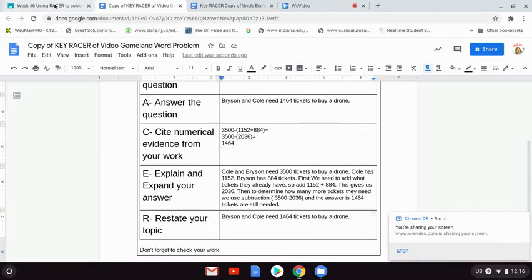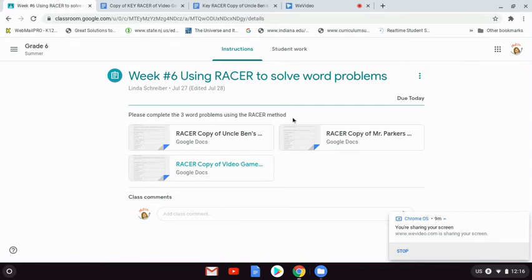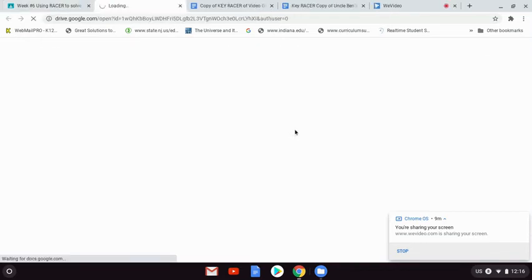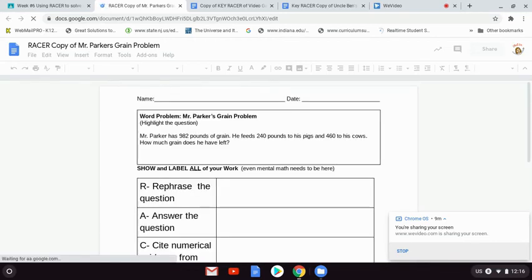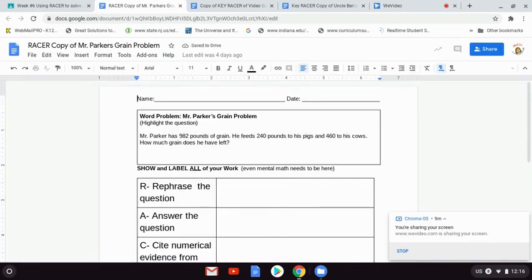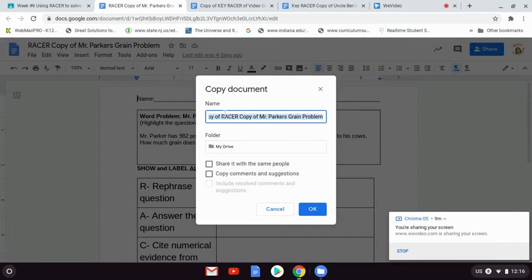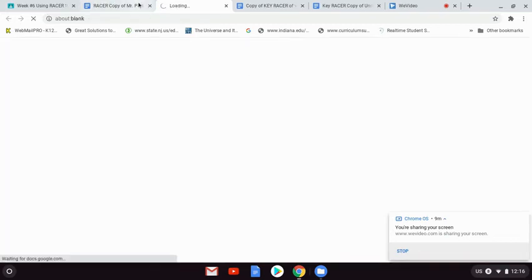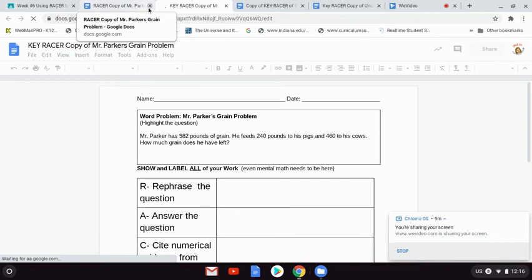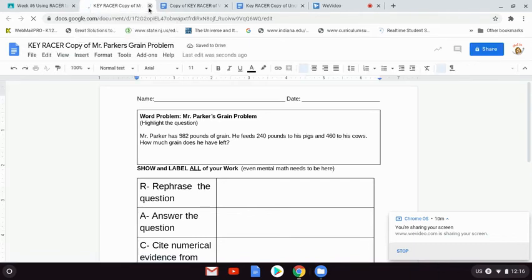Okay, last one. Mr. Parker has 982 pounds of grain.